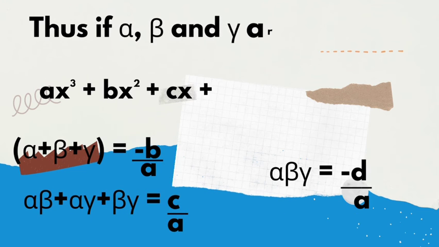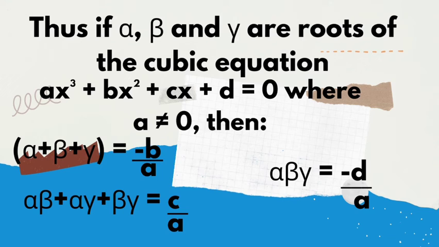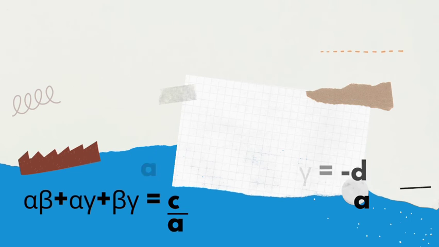Thus, if alpha, beta, and gamma are roots of the cubic equation ax raised to 3 plus bx squared plus cx plus d is equal to 0, where a is not equal to 0, then alpha plus beta plus gamma is equal to minus b over a. Alpha beta plus alpha gamma plus beta gamma is equal to c over a. Alpha beta gamma is equal to minus d over a.